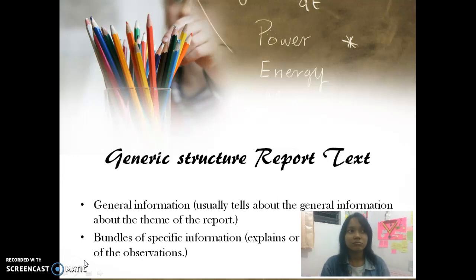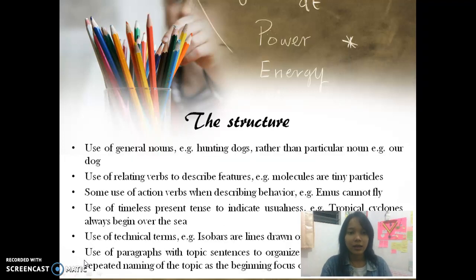You need to introduce the topic that you have observed. The next is bundles of specific information. At this point, you need to describe or explain the result of the observation, and you will put some details on it.